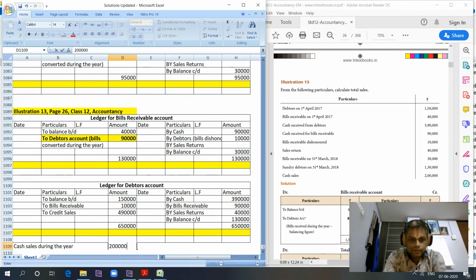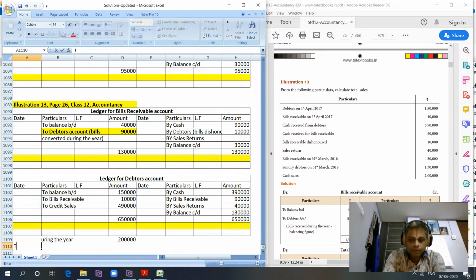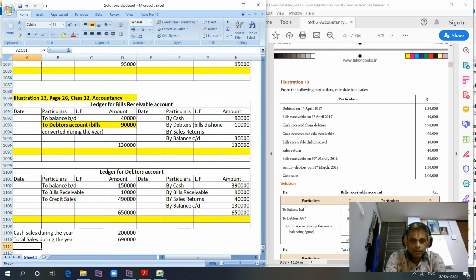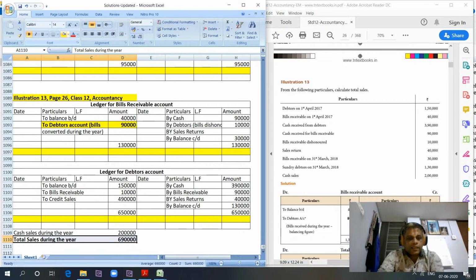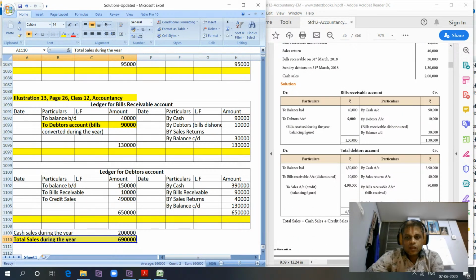So total sales during the year is equal to cash sales plus credit sales, 6,90,000. You can see here the total sales made during the year is 6,90,000.